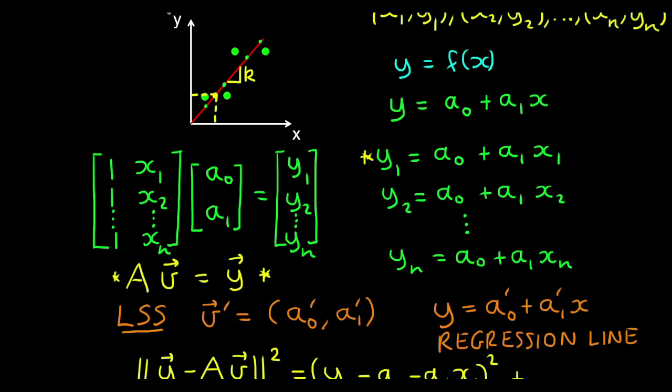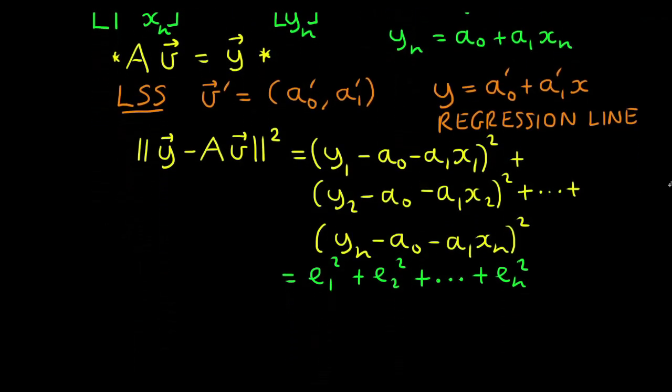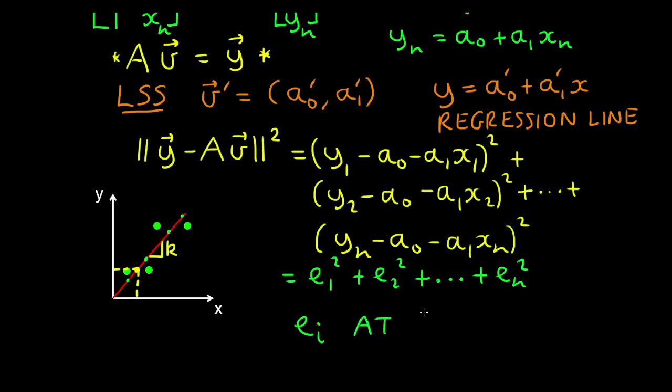And let's just copy this graph down here. So geometrically, we see that ei measures the error at the point xi, yi.